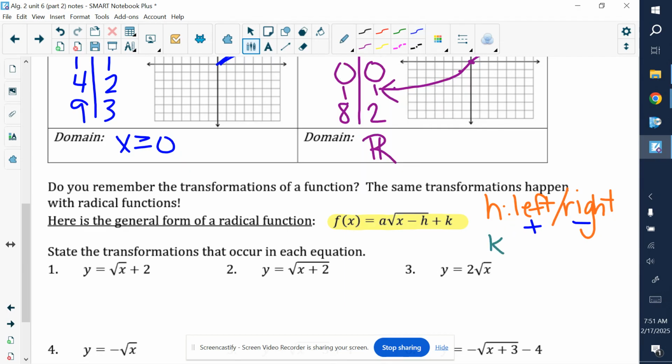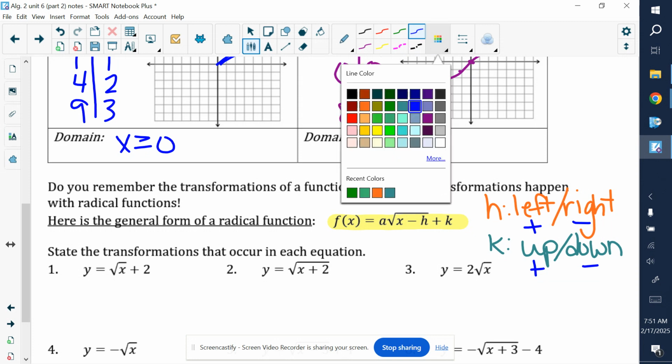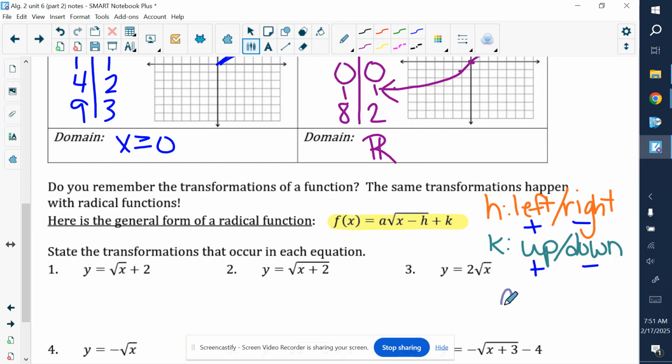Our k value translates up and down. Plus k is going to go up. Minus k is going to go down. And last but not least, that a value out in front is a vertical stretch. We'll take a look at that when we get to it.